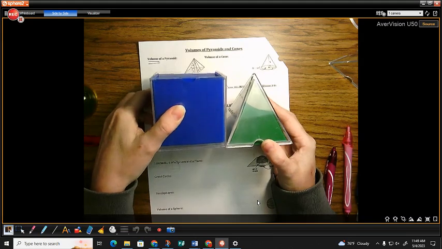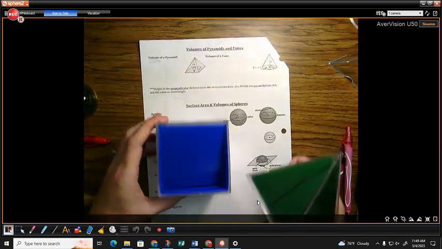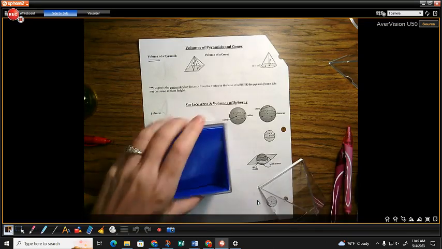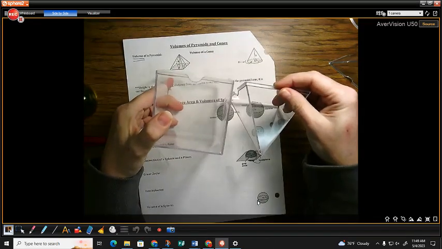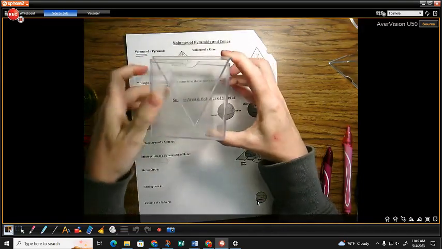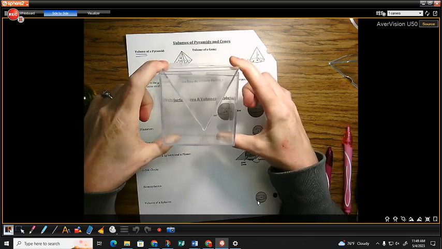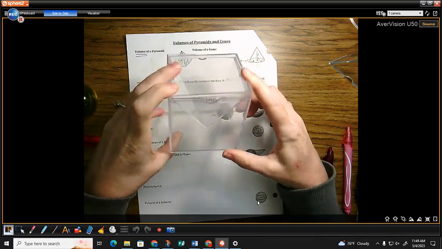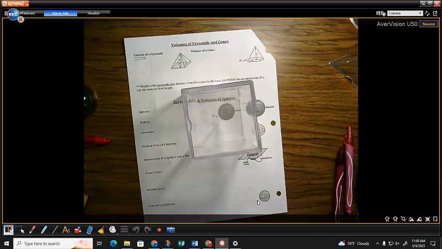My question to you is, do they have the same volume? No. Which one do you think has more volume? The prism? You think this prism has more volume than this pyramid? Well, I'm kind of inclined to agree with you, because it definitely doesn't fill it all the way up. What I want to know is, is there a relationship between those two?